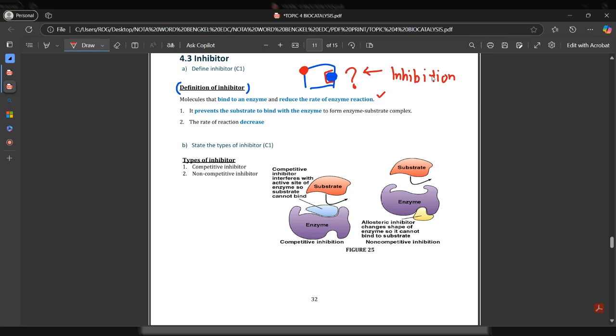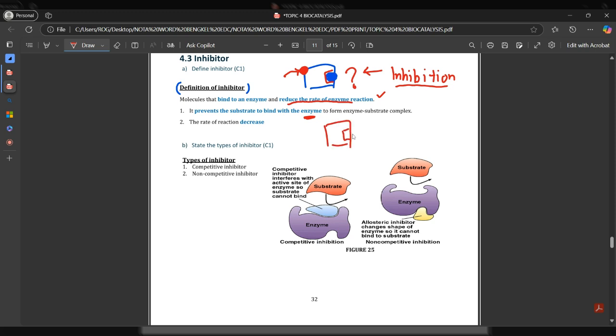So what is the difference between inhibitor and inhibition? They basically refer to the same situation, but one is the molecule that causes the process to take place. Inhibition is the process which involves reducing the rate of enzymatic reaction due to the presence of an inhibitor. An inhibitor can bind to the enzyme at two different locations.